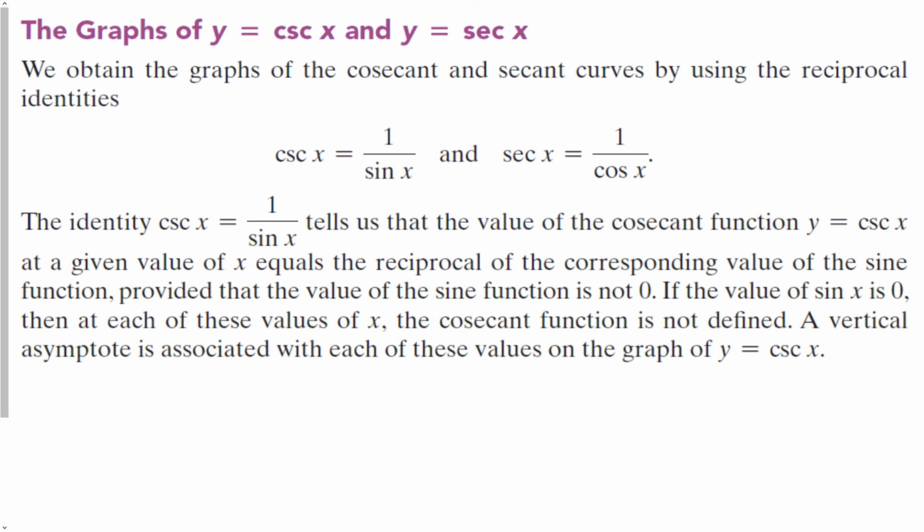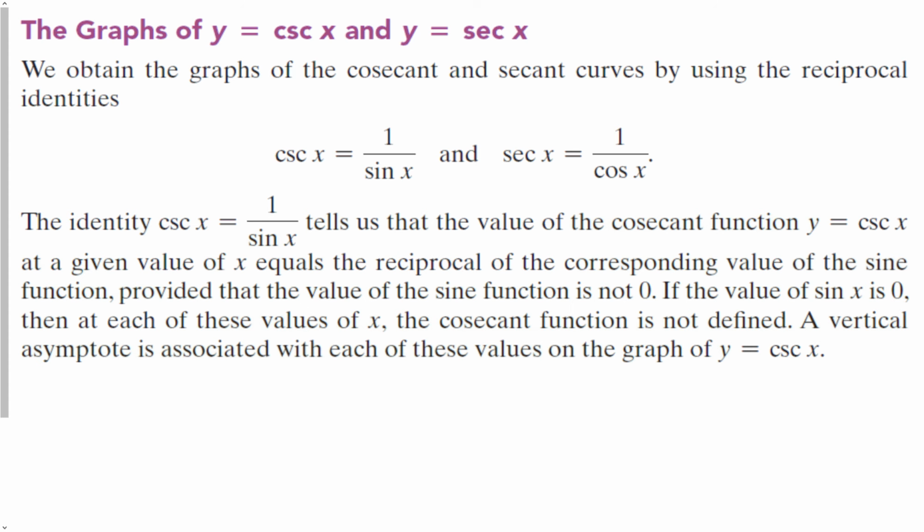So the last two that we're going to do are secant and cosecant. And we're going to do these a little bit backwards, because we should know that cosecant is 1 over the sine and secant is 1 over the cosine.